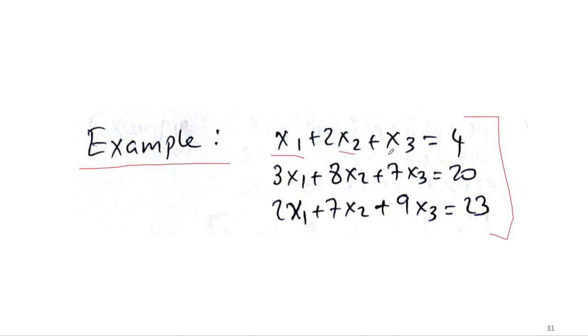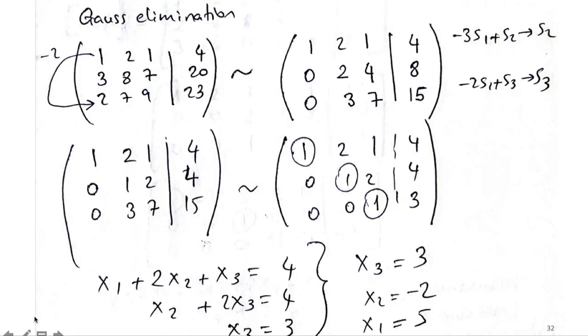x1, x2 and x3. So as we have started doing in the last lecture, first we write the coefficients in a matrix, and then the right hand side of these equations is added to our so-called augmented matrix. So as we see here, these are the coefficients in the system, and these are the values that are on the right hand side of each equation.